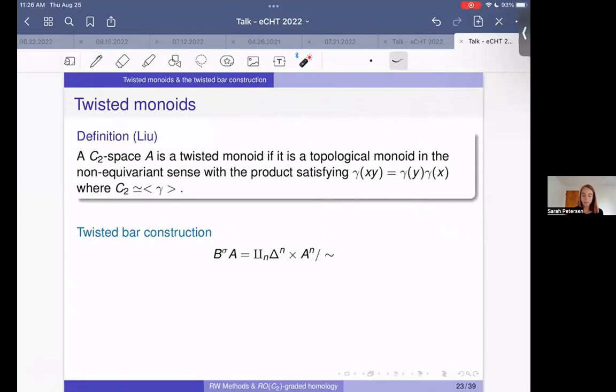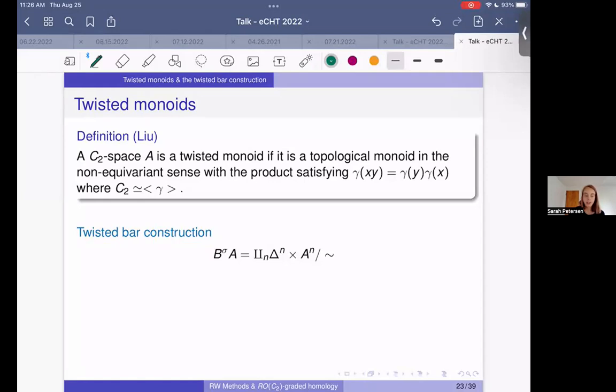So what does this look like? Well, let's begin by following the Ravenel-Wilson techniques. We need to be able to construct our spaces, Eilenberg-MacLane spaces, inductively. And to do that, we need a definition.